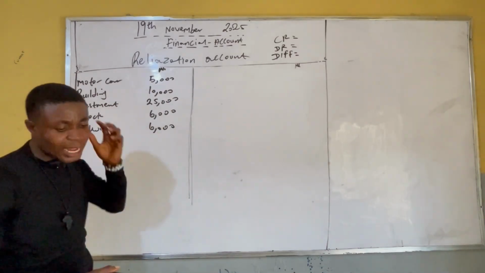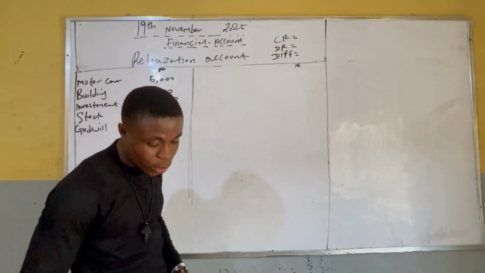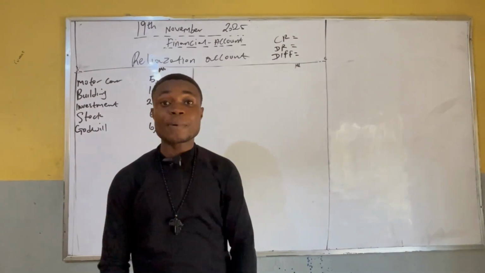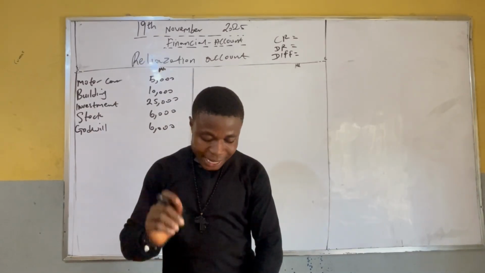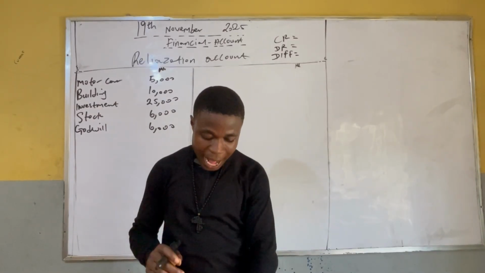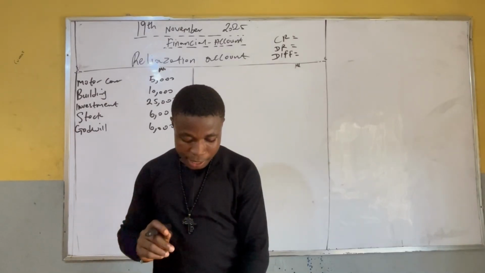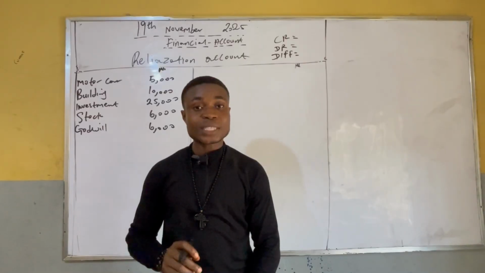Look at the additional information now. Let's come to this particular side. In the additional information, let's follow it step by step. One motor car to be taken over by Soji at a value of 3,000 naira, and the other to be taken over by Ojo at 4,000 naira.